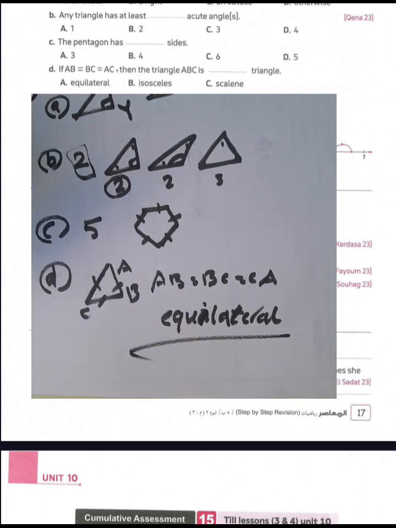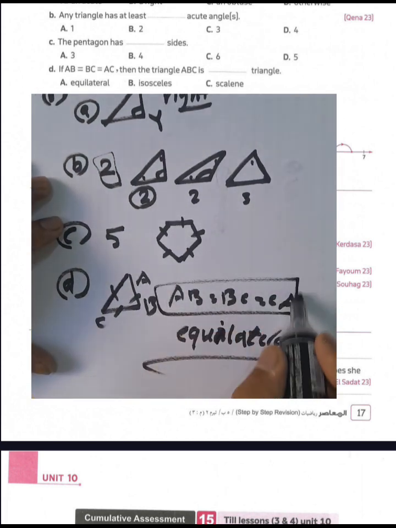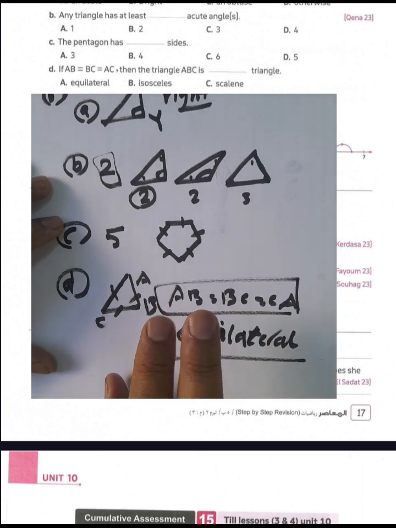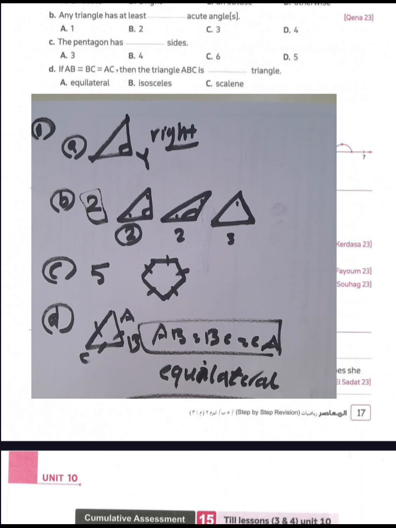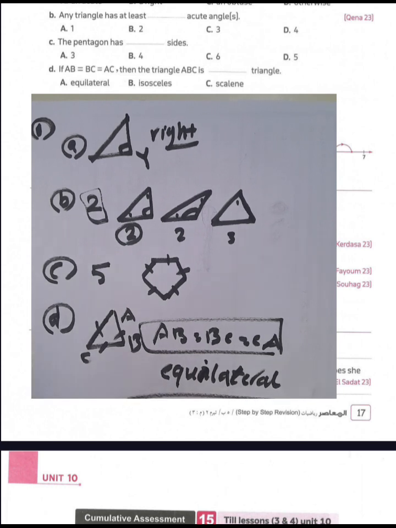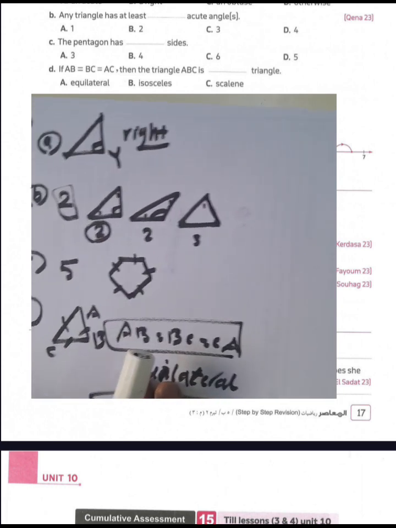If we have two sides equal in length, we call it isosceles. And if EB is not equal to BC is not equal to CA, we call it a scalene triangle. Then for question letter D, you must write equilateral triangle.